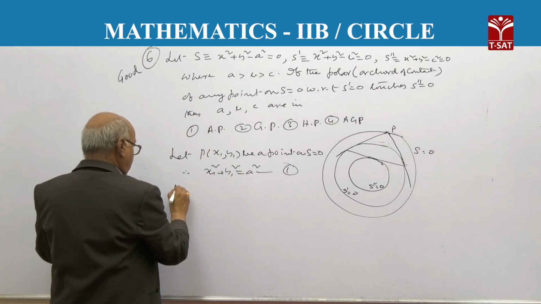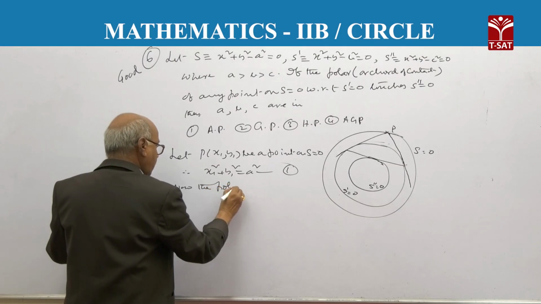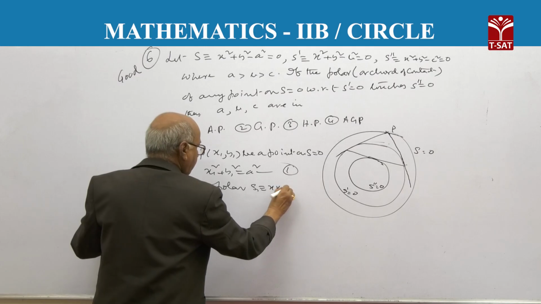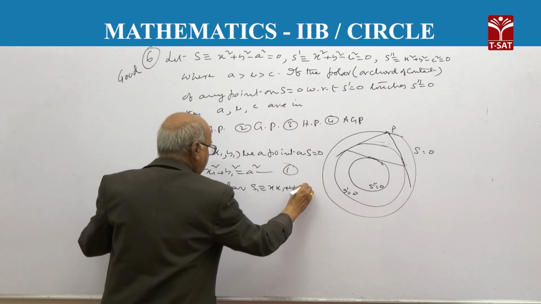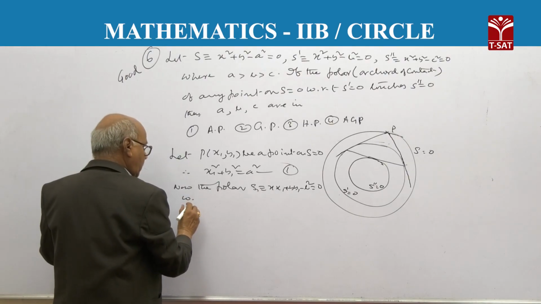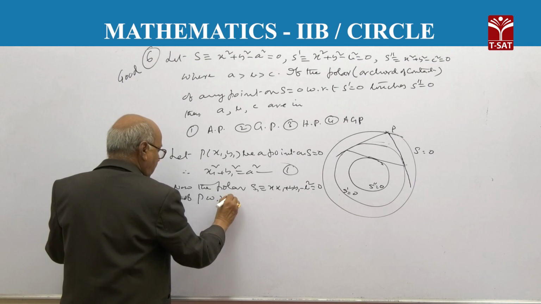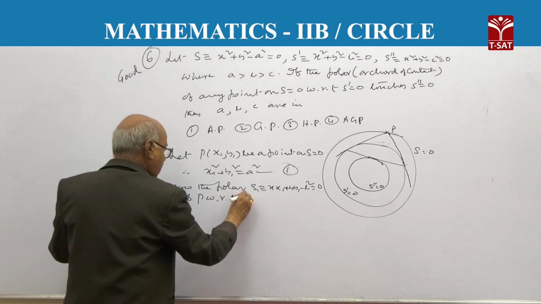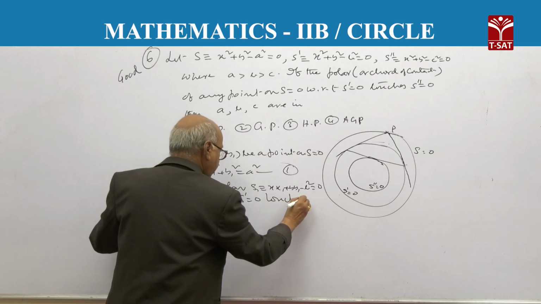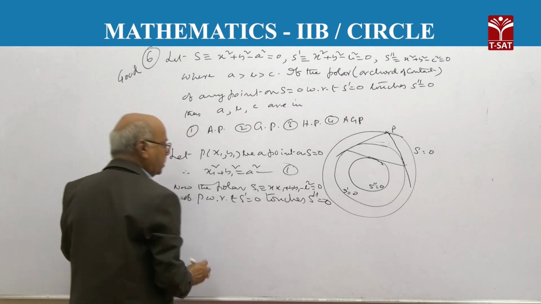Now, the polar S1 of P with respect to S dash equal to 0 is x x1 plus y y1 minus b square equal to 0, and it touches S double dash equal to 0.